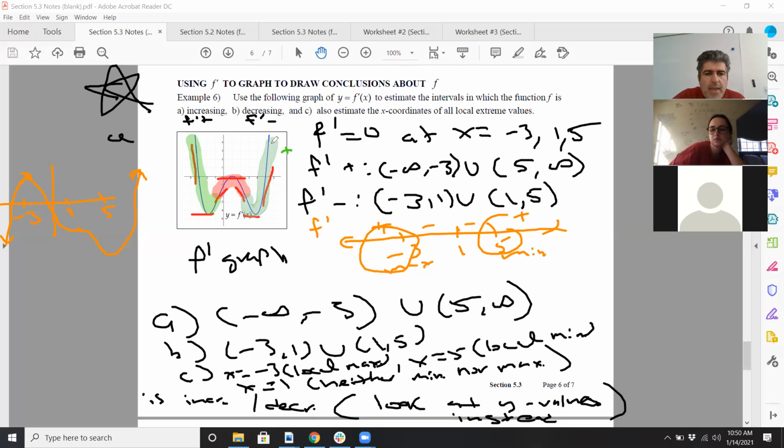So we can make a conclusion about concavity. It's kind of hard to tell, but for example, where you see that boundary change around maybe -1 or so, that might be a point of inflection.